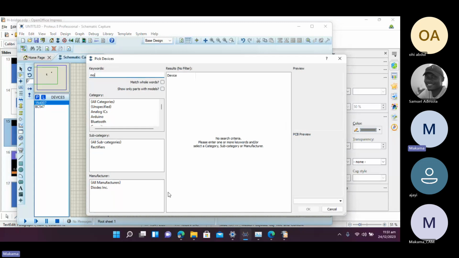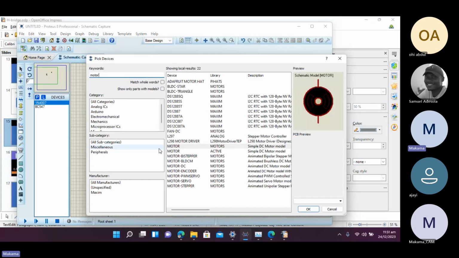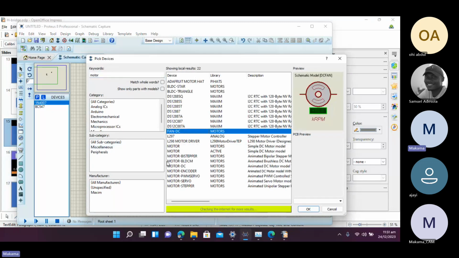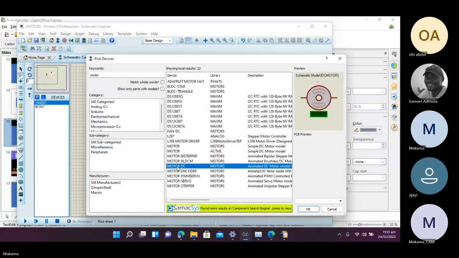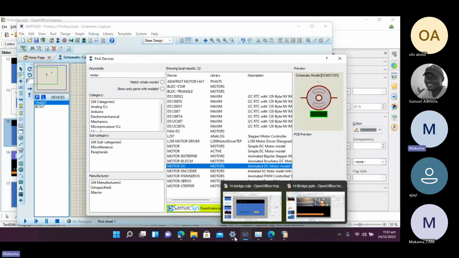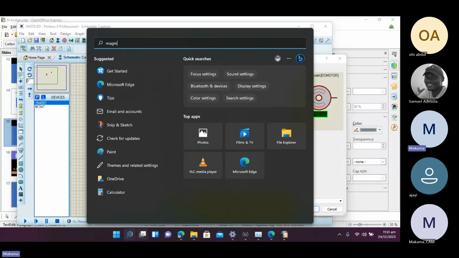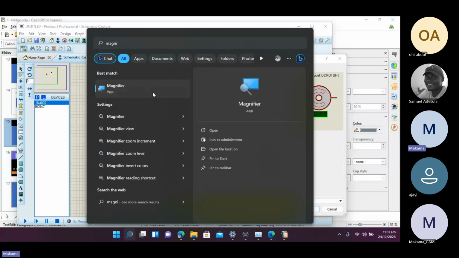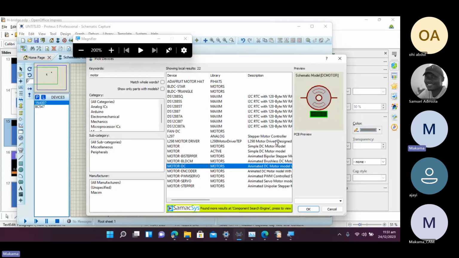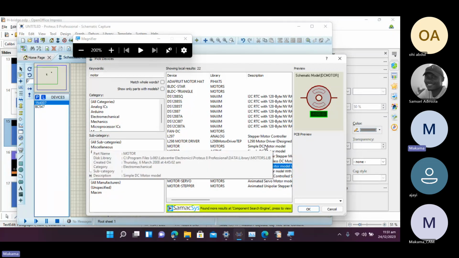So let's use a motor. We have a DC fan here, but it will be better if we use a normal motor. Please take note, when selecting your device when doing simulation, of these descriptions, because some devices are not meant to show outputs.